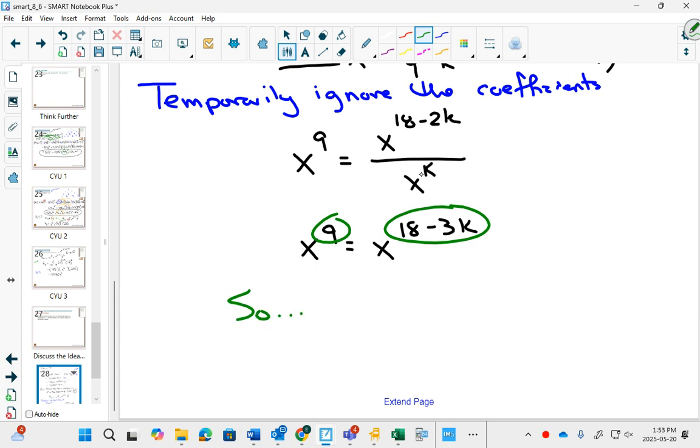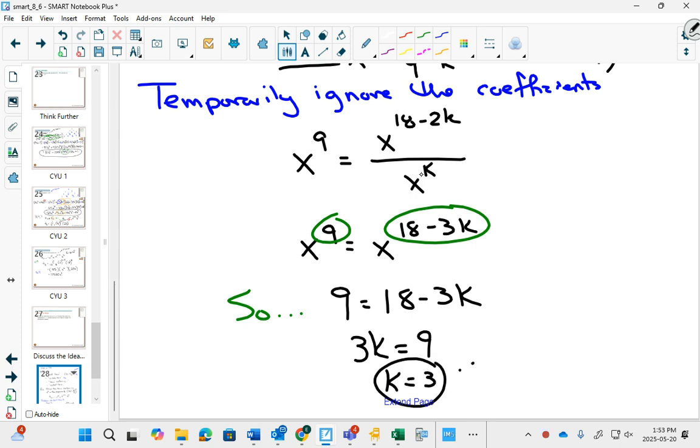So, if x to the 9 equals x to this, does it make sense that 9 would have to equal 18 minus 3k? And from here, with the 3k on this side, the 9 on this side, I found out that it's going to be term 4.